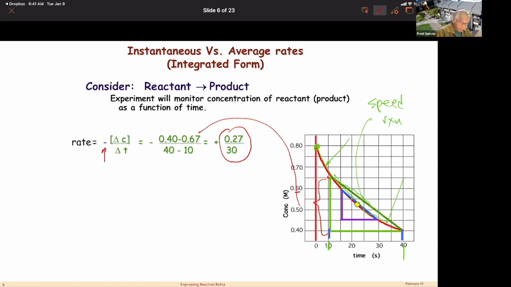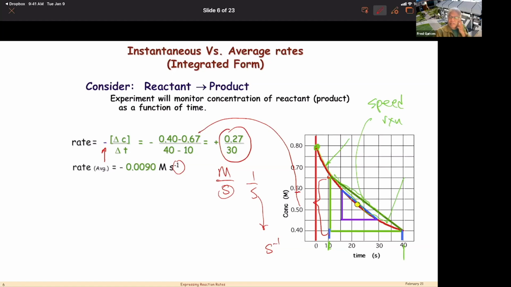So when you calculate that average rate between 40 and 10 seconds, the rate is about 0.090 molar per second. Remember that the -1 here means that when you put something to the -1, it means it's a reciprocal. So 1/s is also illustrated as seconds to the -1.